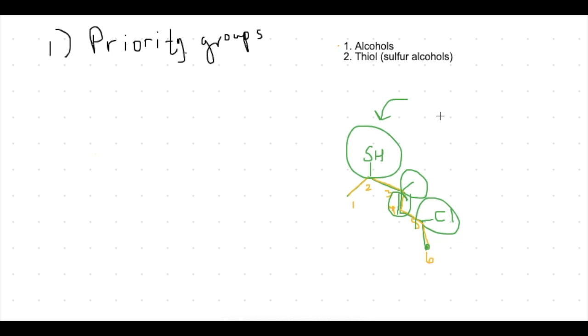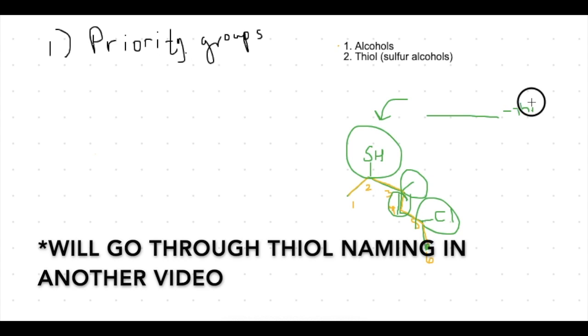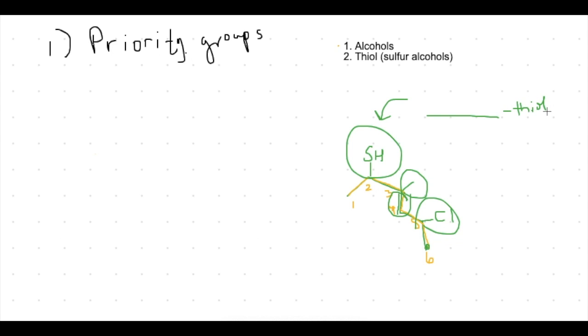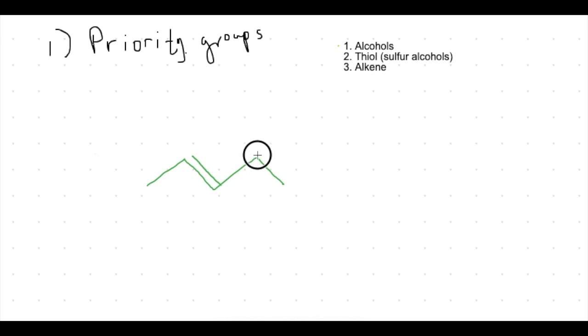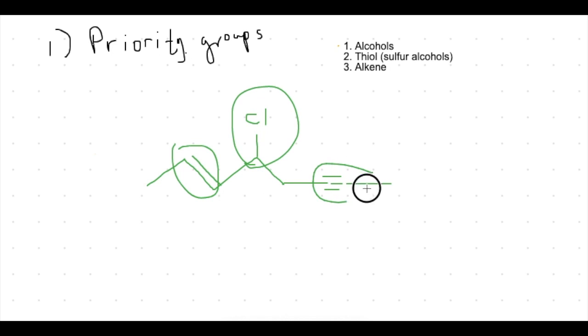So it is going to be all of our substituents dash thiol. Now say we have a shape like this, where we have a double bond, a chlorine, and a triple bond in the same shape. In this case, alkenes are going to take priority, and you will be naming the main chain as all the substituents dash ene.